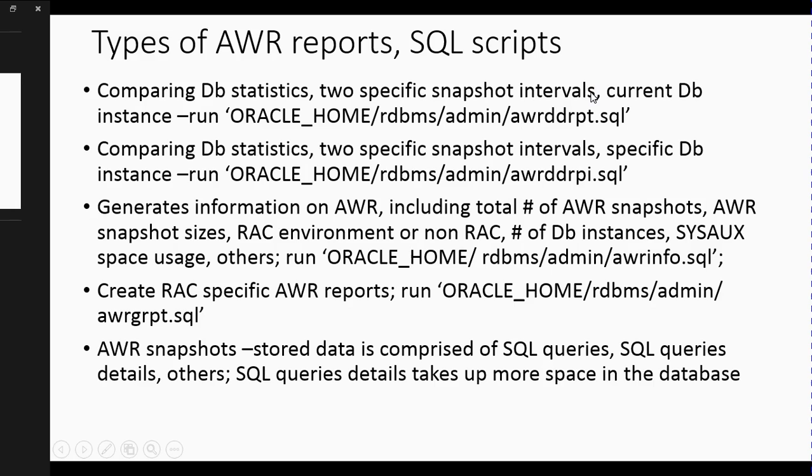Going back to the example, say you have 10 to 11 and 1 to 2 as the snapshot intervals. If the database performance is excellent from 10 to 11, then what's going on with 12 to 1? You can compare the two snapshots and figure out what's going on, which queries are the problem, and tune those queries as well.